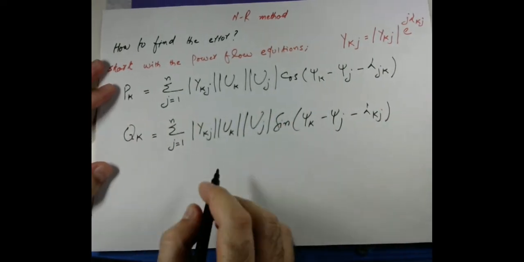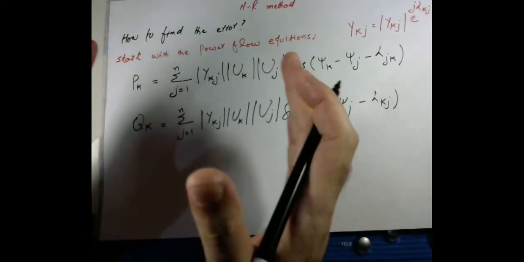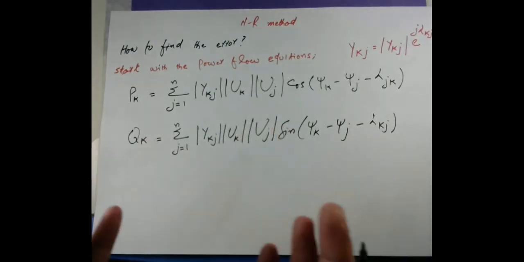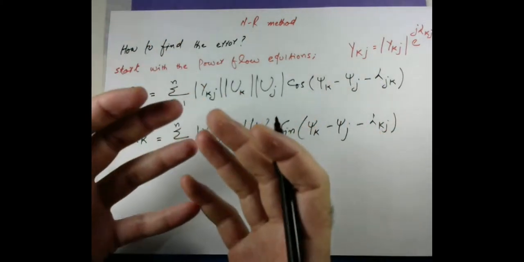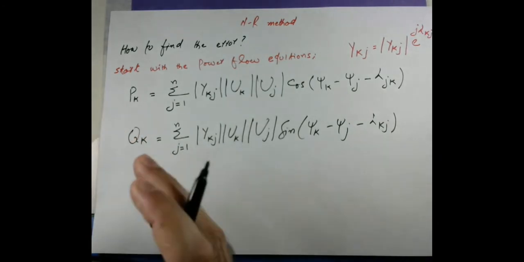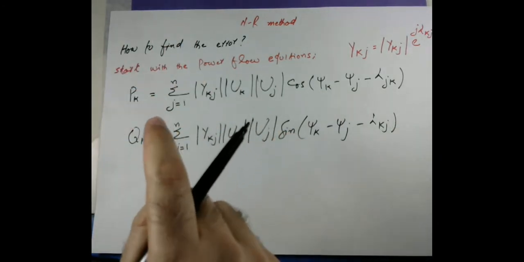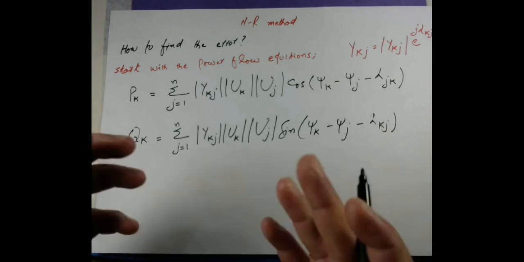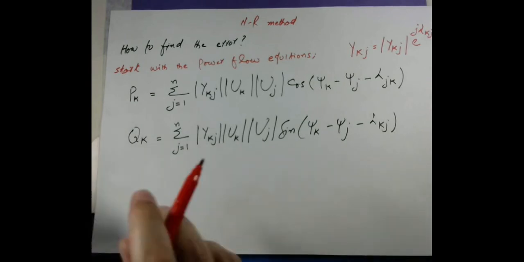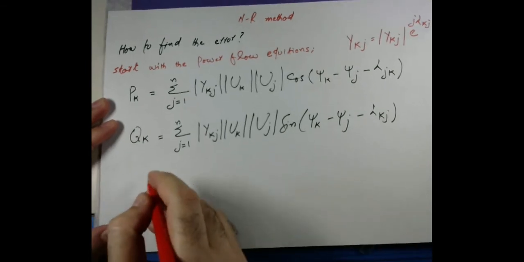So now let's call the power flow equations. If we make a guess, because you know that in solving a power flow problem initially we make a guess. So if we make a guess of the voltage and that of the angle, we represent the power flow equations based on the initial guess.